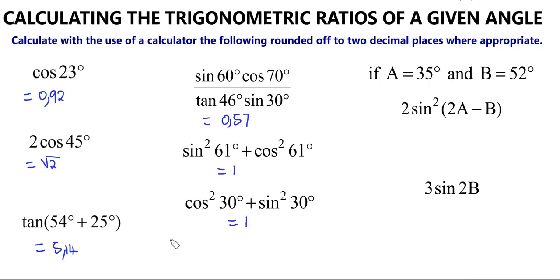So what can we conclude there? You will see this when you get to grade 12: cos squared theta plus sine squared theta is equal to 1. If we have the same angle theta, we square the two and add them, then we are going to get 1.